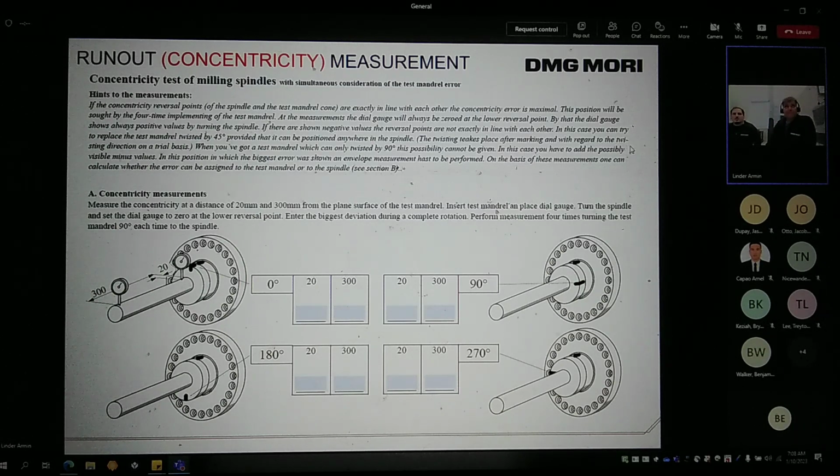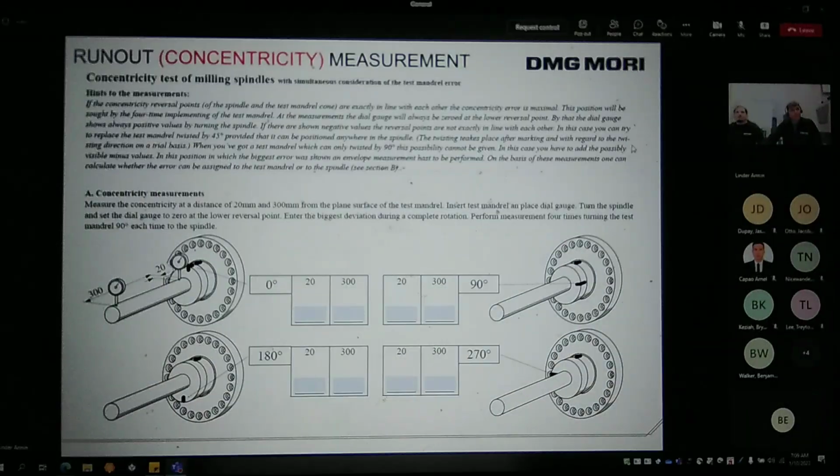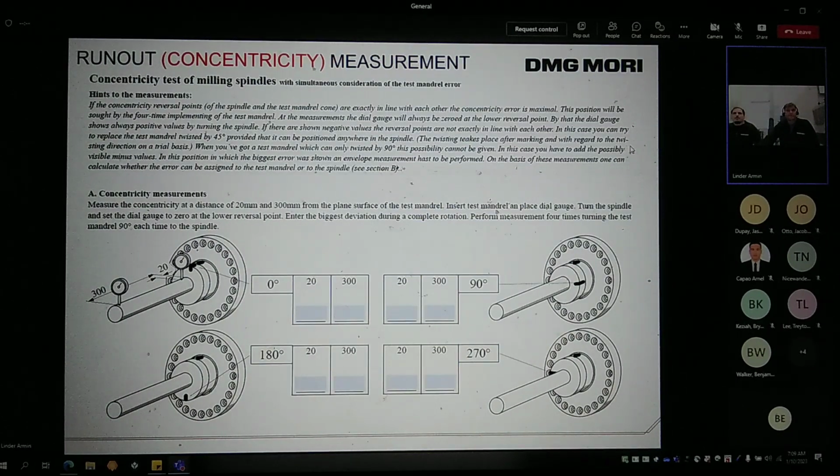So in that way, you can figure out whether there is a failure or not, and also the tolerance of the spindle.